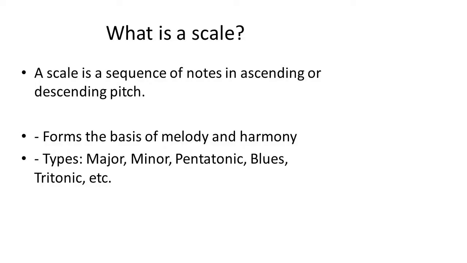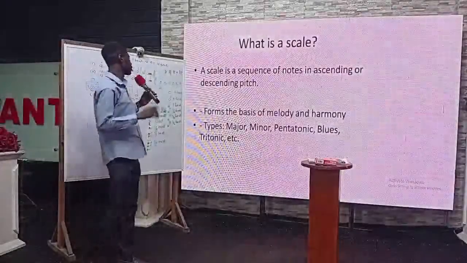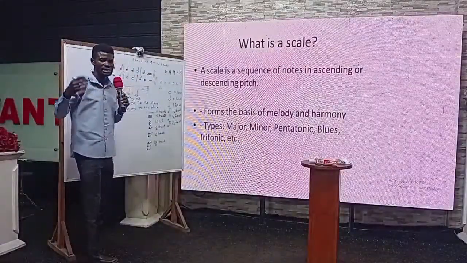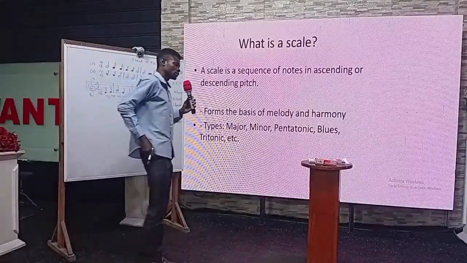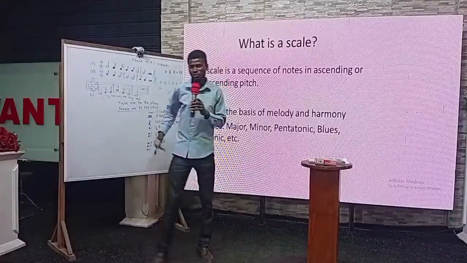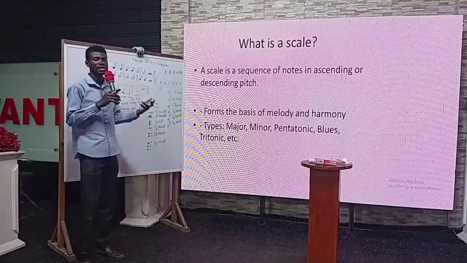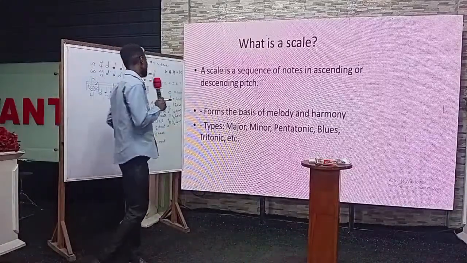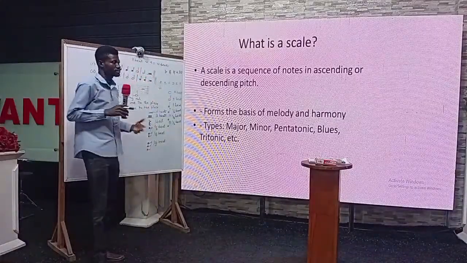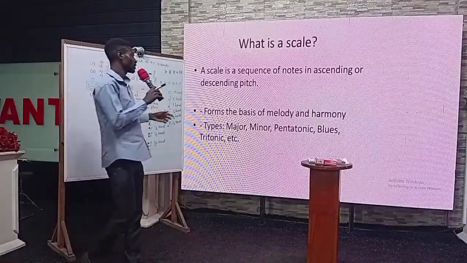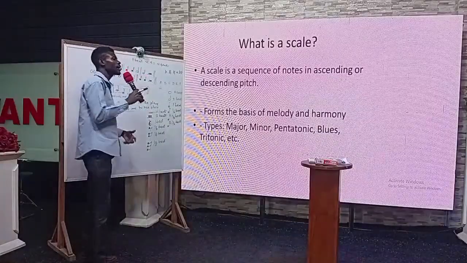The 2 most common scales that we know are the major scales and the minor scales. The major scale is the one we usually sing as do, re, mi, fa, sol, la, ti, do. Then we sing the minor scale as la, ti, do, re, mi, fa, sol, la.